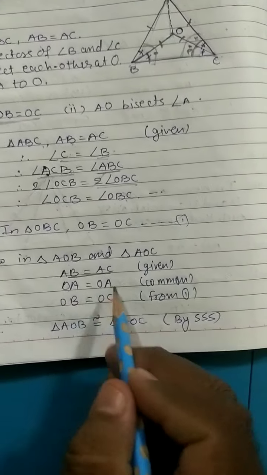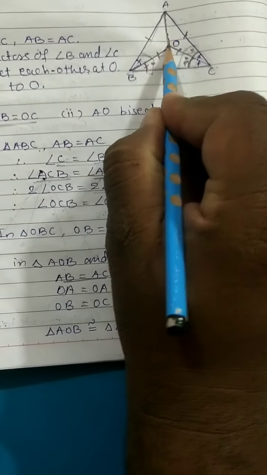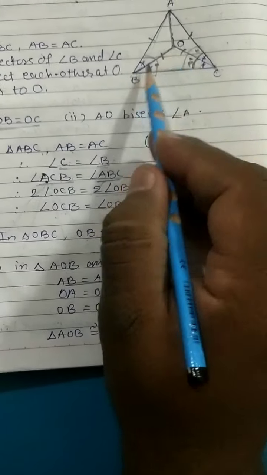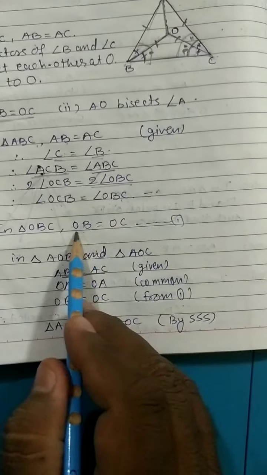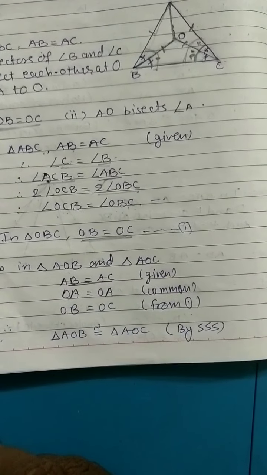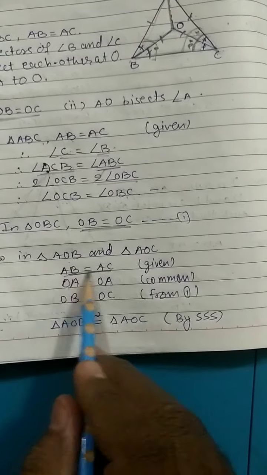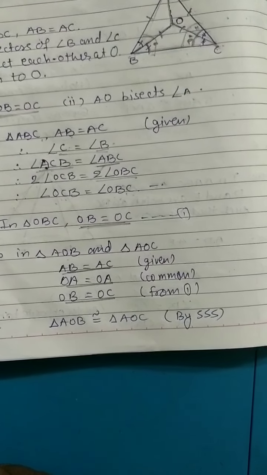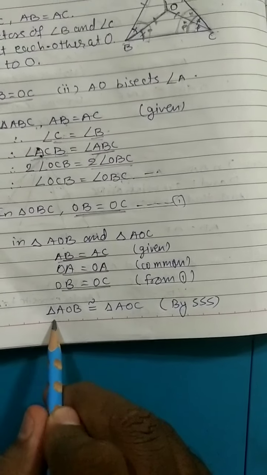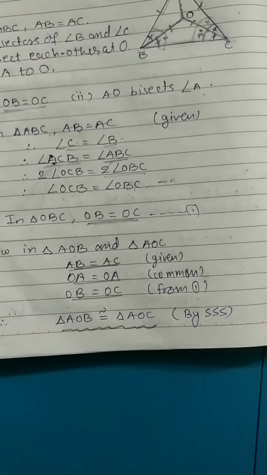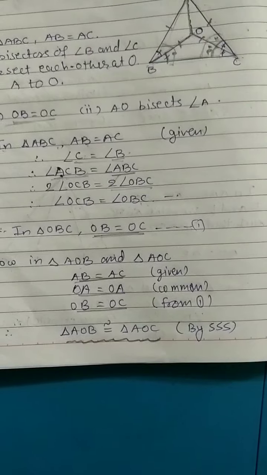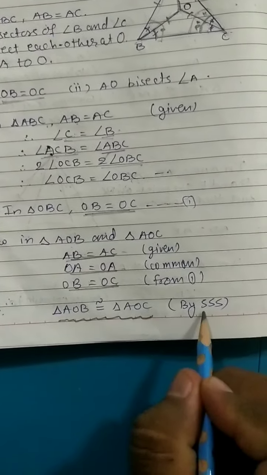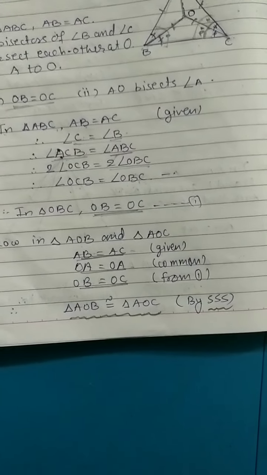Then OA is equal to OA because it is a common side in both, and OB is equal to OC. We have proved here OB is equal to OC. So can I say these three sides are equal to corresponding three sides of another triangle? So we can say triangle AOB is congruent to triangle AOC by SSS. Here three corresponding sides are equal, so the congruence criteria is SSS.